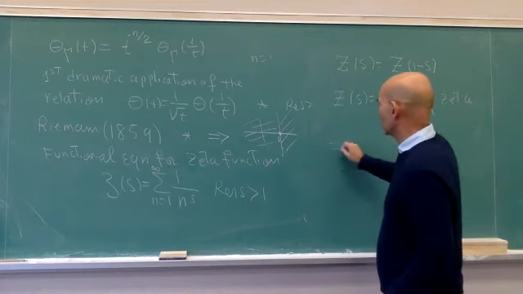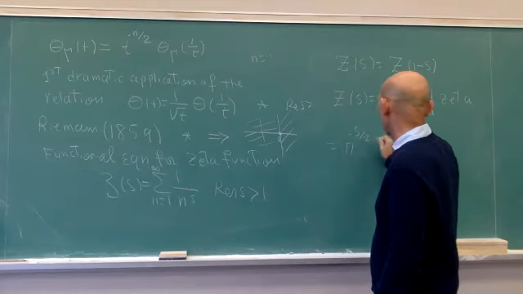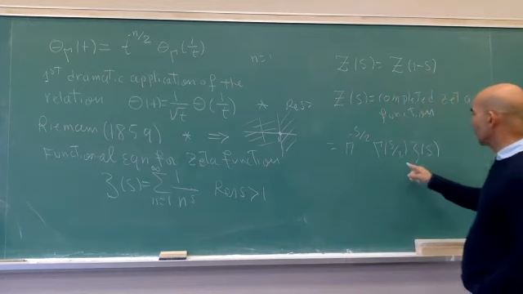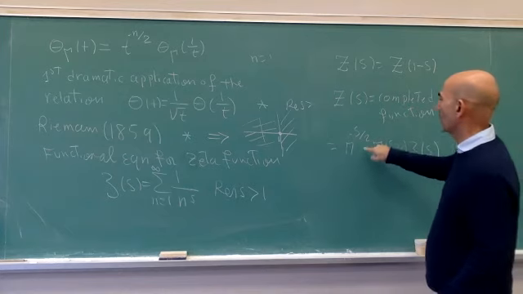This is equal to pi to the power minus s over 2, gamma of s over 2, zeta of s. So you multiply by the gamma function at s over 2 and pi to the power minus s over 2.